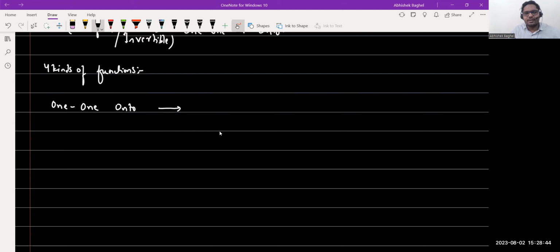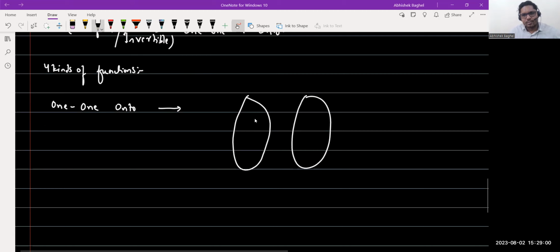One-one and onto means all the elements of side B get related. So it is like this, all elements get related. One-one means no two elements have the same image; every element has a different image. This is one-one onto.